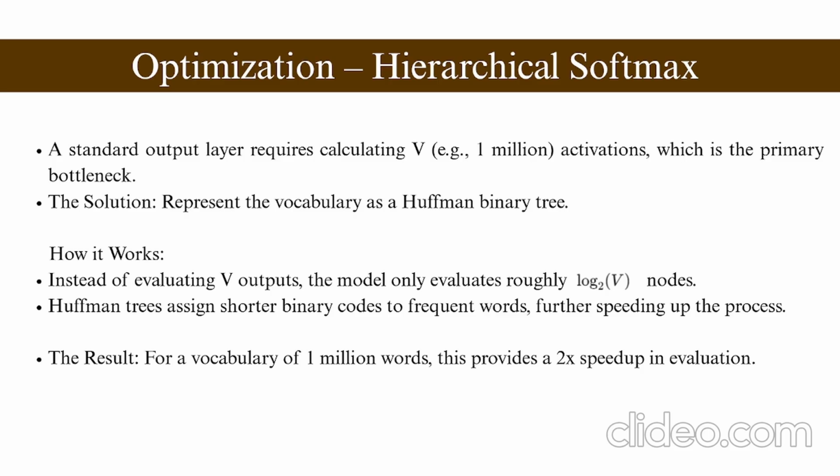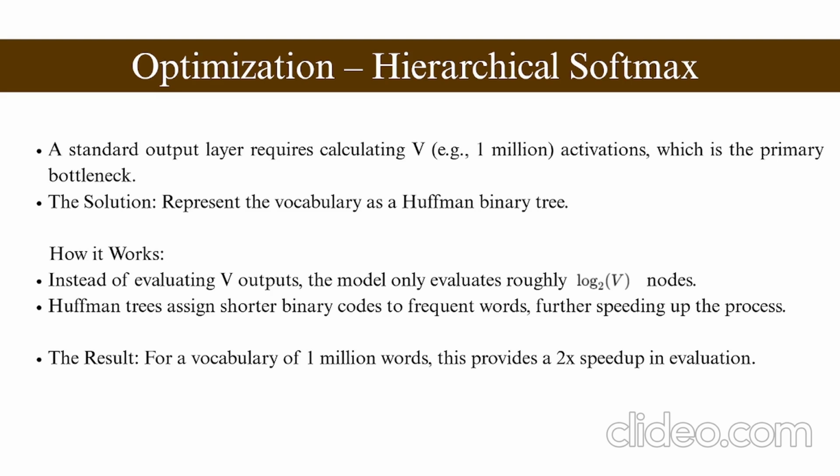The solution introduced is the hierarchical softmax. Instead of a flat list of words, the vocabulary is represented as a Huffman binary tree. In this structure, every word is a leaf node. To predict a word, the model doesn't evaluate all V outputs. It only evaluates the path from the root of the tree to that specific word's leaf.